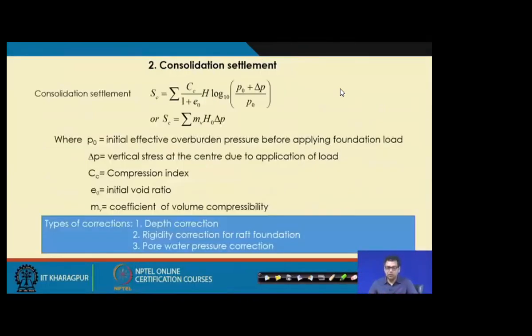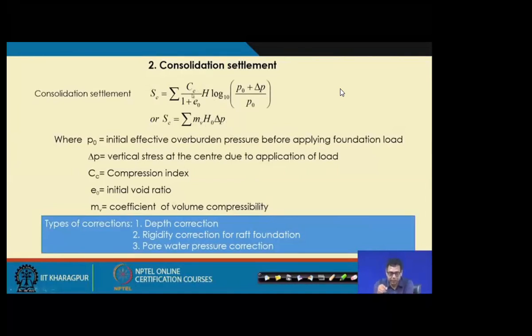So, next one is the consolidation settlement. You can calculate the consolidation settlement for the normally consolidated soil using this settlement equation, and you can do it in two ways, based on the values given. Cc is the compression index and mv is the coefficient of volume compressibility. If you have the volume compressibility value, you have to use the second equation.